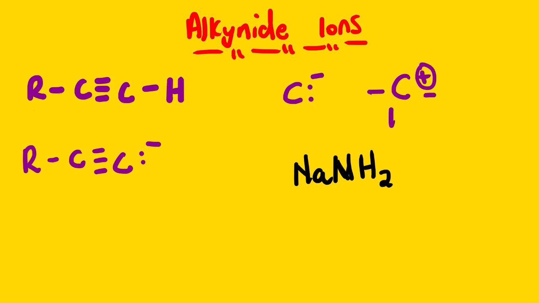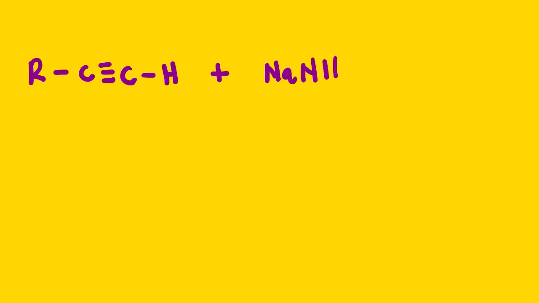So let us look at the reaction. Let us start with the general reaction. So we have an alkyne being reacted with sodium amide, but you should understand this. We know that sodium is a metal. It has a positive charge, and then we have an amide ion with a negative charge.